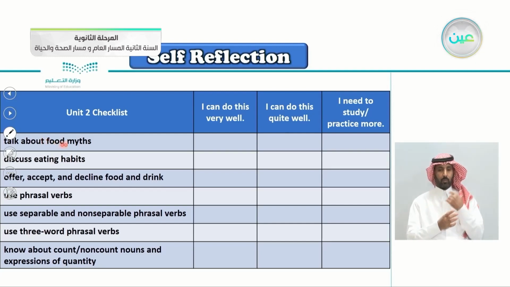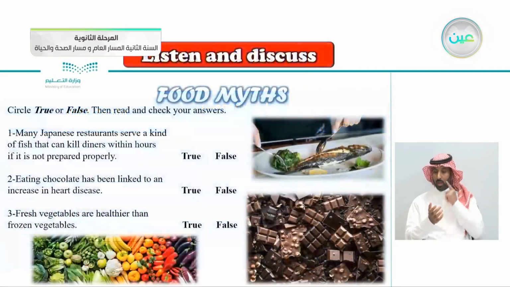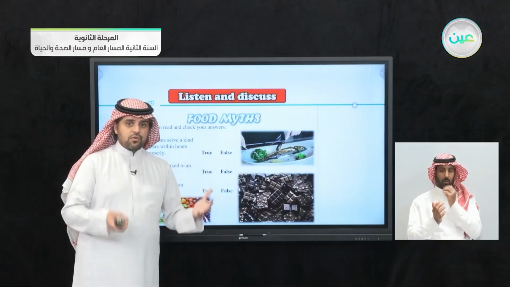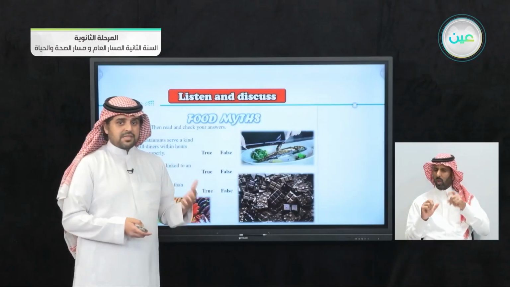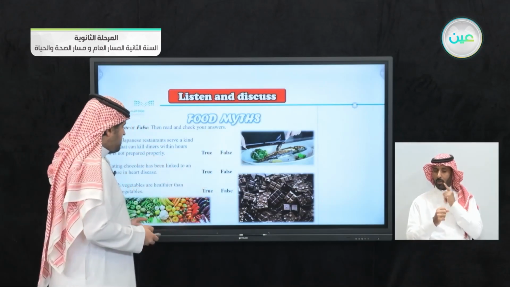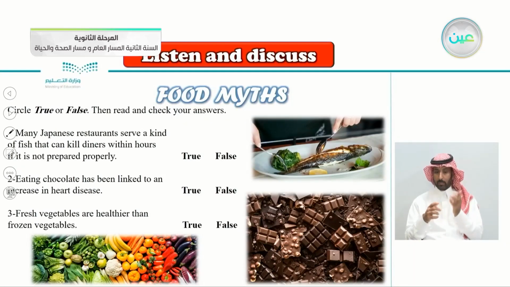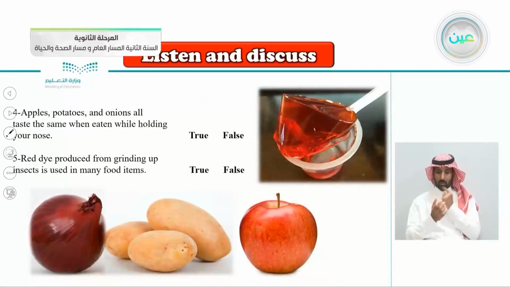Talk about food myths. If you remember the first lesson, we talked about food myths, some myths about food, like the fish in Japan and the chocolate and the frozen and the fresh vegetables and so on, and how apples, potatoes, and onions all taste the same when eaten while holding your nose.